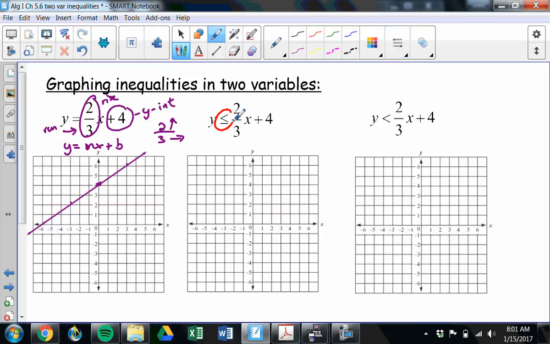Even though this has a less than or equal to instead of an equal to, nothing changes. This is still my y-intercept. This is still my slope, up to right 3 or down to left 3.